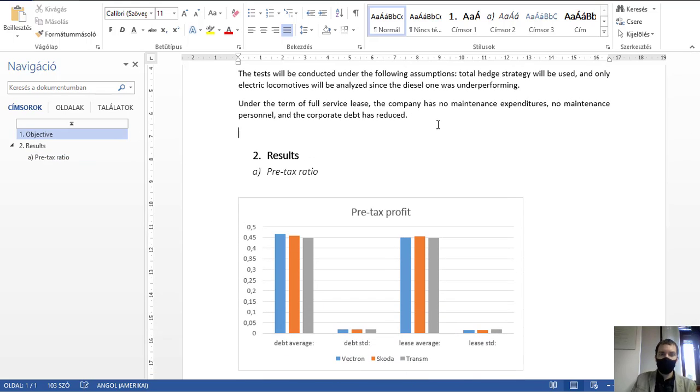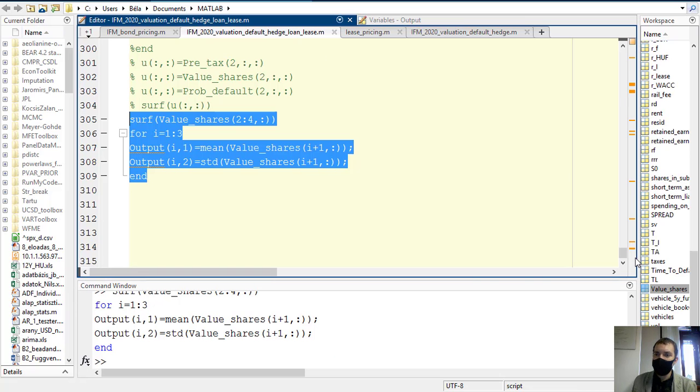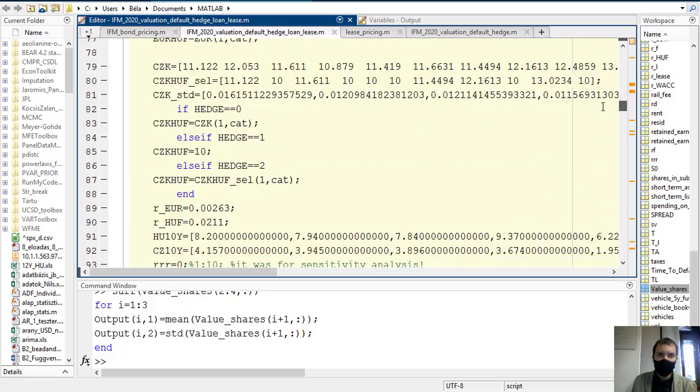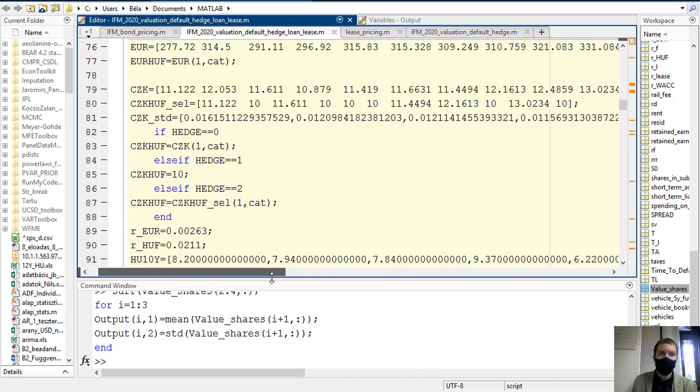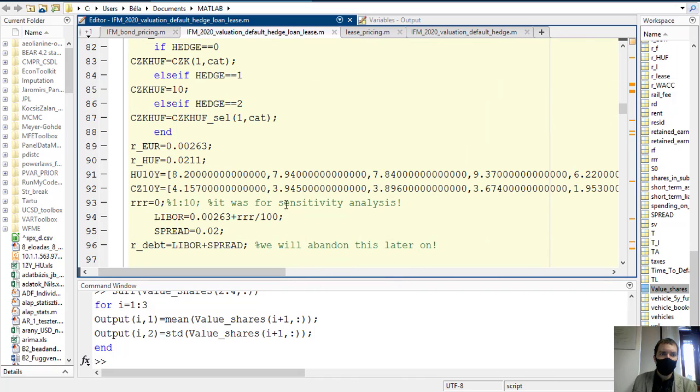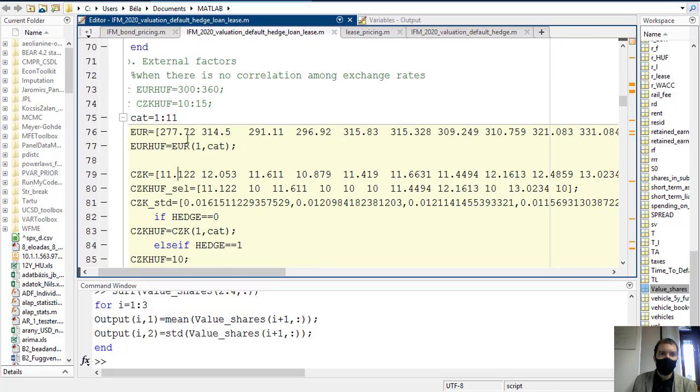Okay, also time periods. We are tracking back 11 years in the script. You can remember that we were using these data for Czech koruna and euro at the same time.